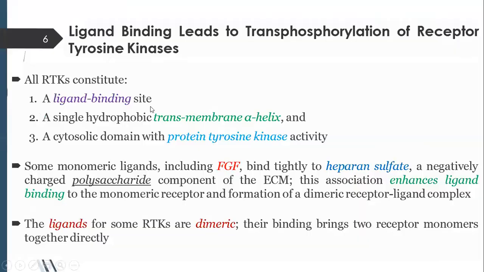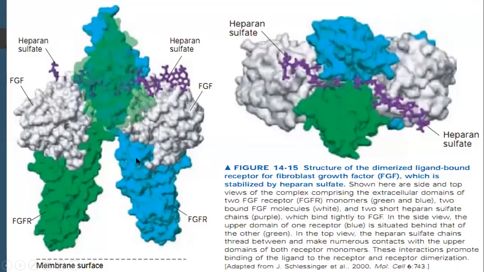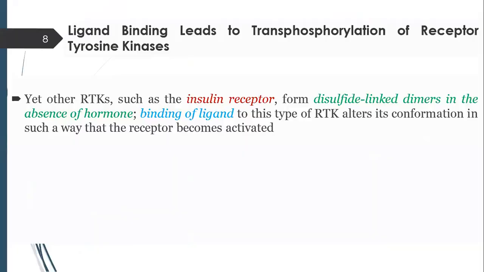In this case, the two receptor halves are already bound without having the insulin there. They are bound, but when the insulin ligand binds, that will change the conformation, and after changing the conformation, the receptor will be activated, and the tyrosine residues will be phosphorylated, and they will activate the rest of the pathway.